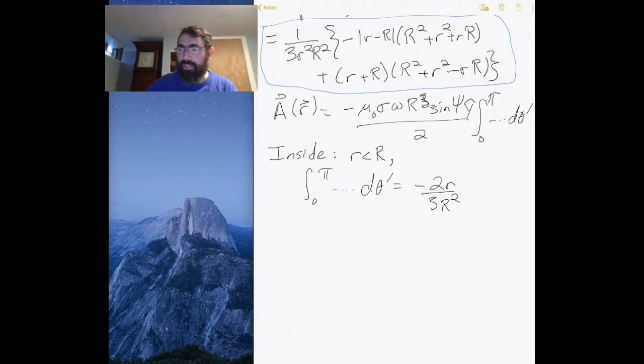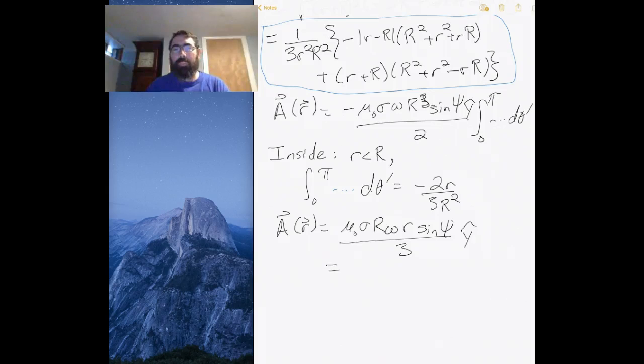So that makes my magnetic potential equal to mu 0 sigma R omega little r sine of psi over 3 in the y hat direction.